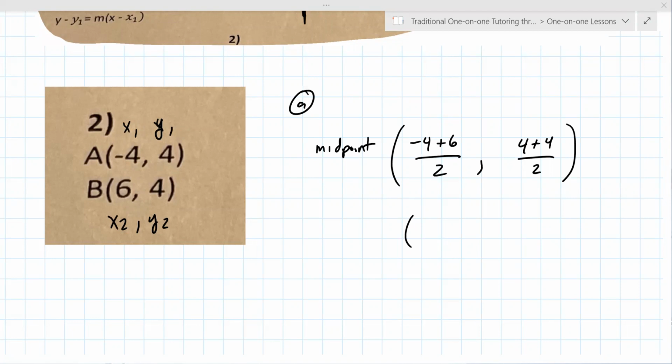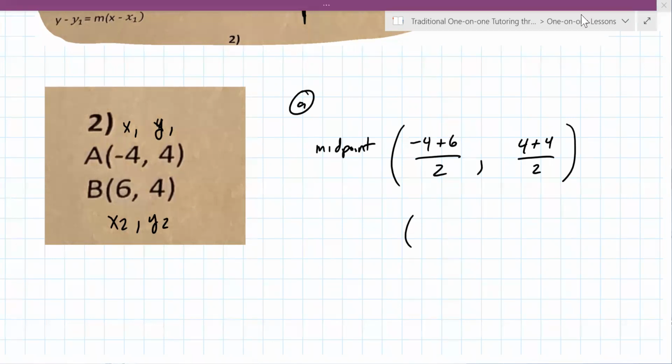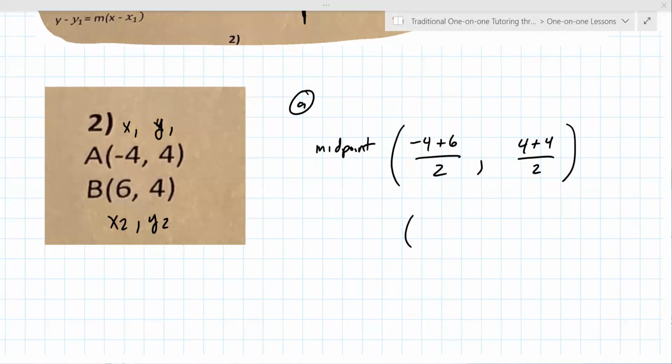Do you have those values for me, Sourish? -4 plus 6 is -2, divided by 2, it is 0. Nope. So -4 plus 6 is +2. Oh, +2, because the -4 is smaller than the 6, so the answer must be positive. So what is 2 divided by 2? 1.